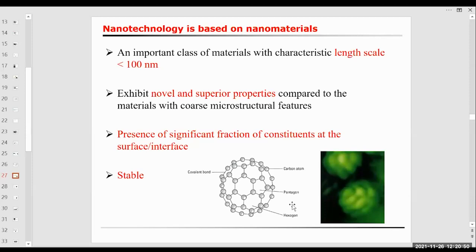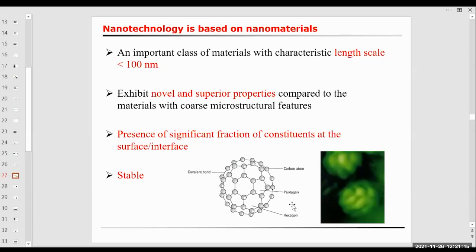So therefore we say, if you identify any feature, at least one feature, you can identify more than one, at least one feature whose dimensions are less than 100 nanometers. This feature can be a grain boundary, the size of the grain, or a particle. By the way, you have to go back and check the difference between particle, crystallite and grain.